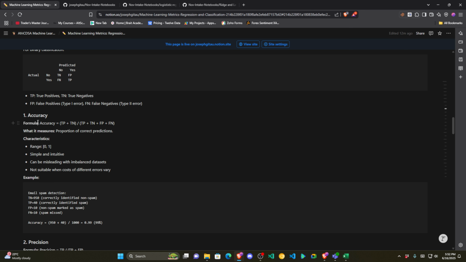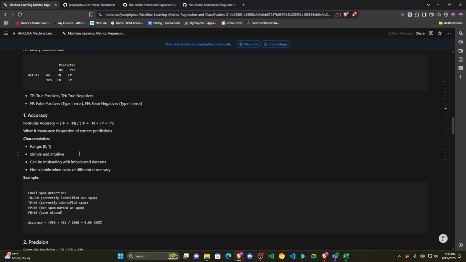The next thing we can do is calculate the accuracy score. How do we calculate it? The accuracy score is the proportion of the correctly predicted values. The correctly predicted values are the true positives and the true negatives, divided by the total number of samples in your data. So divided by everything. It measures the proportion of correct predictions, and it ranges between 0 and 1.